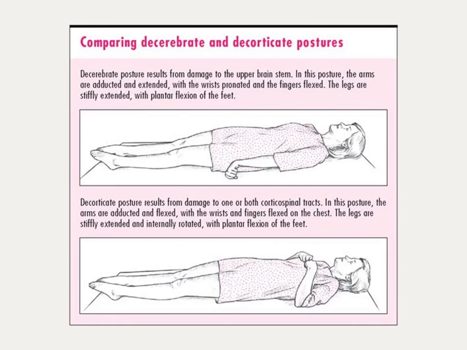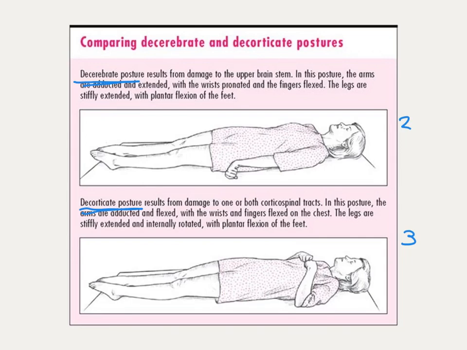Okay, these are the 2 postures that are listed on the Glasgow Coma Scale. So the abnormal flexion is this decorticate posturing down here. This scores a 3 on the Glasgow Coma Scale. And the abnormal extension is the decerebrate posturing, and that scores a 2 on the Glasgow Coma Scale.